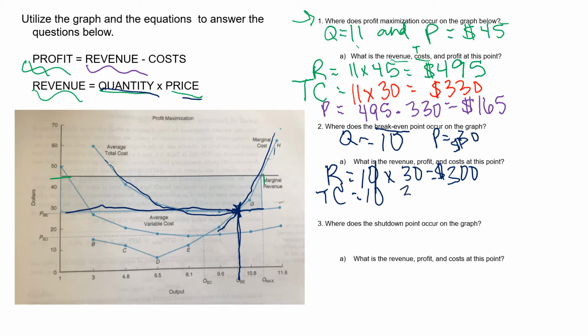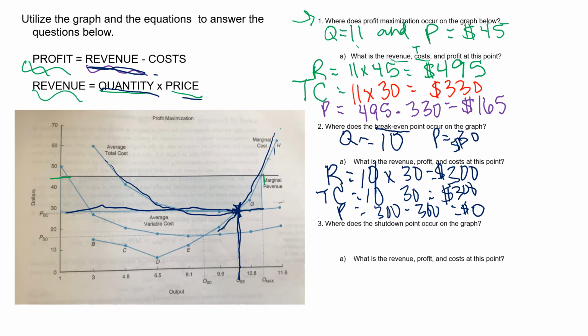It's costing us $30, so our cost is $300. So our profit is revenue minus costs, 300 minus 300, which is $0, which makes perfect sense because the break-even point should always be $0 profit. You're making as much as it is costing you to produce.